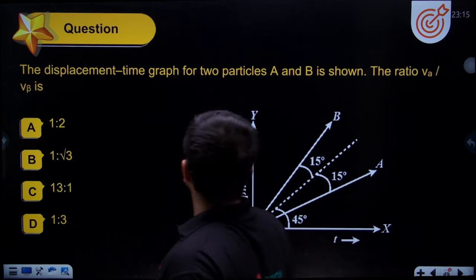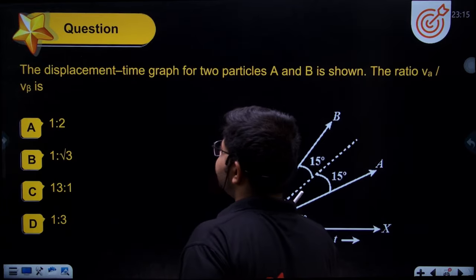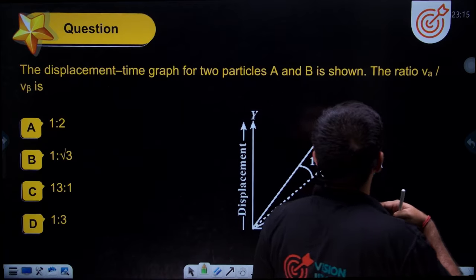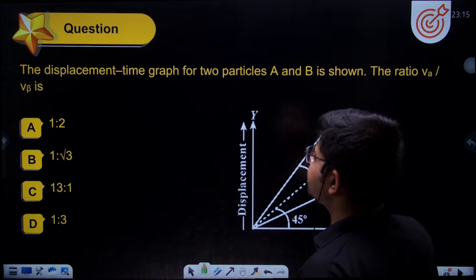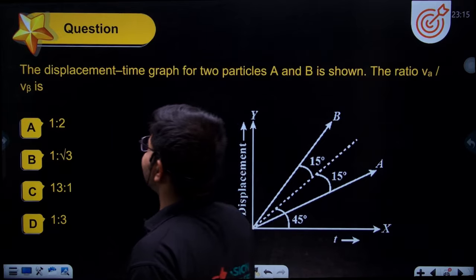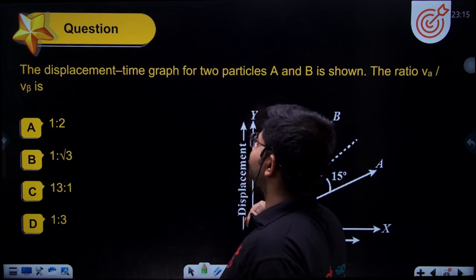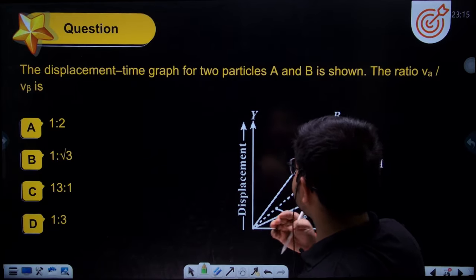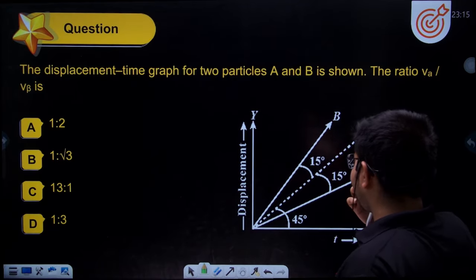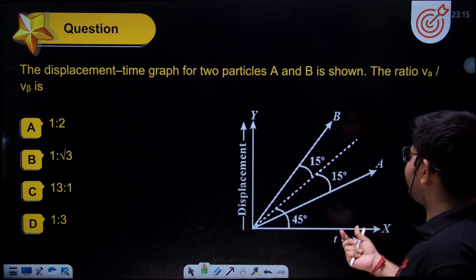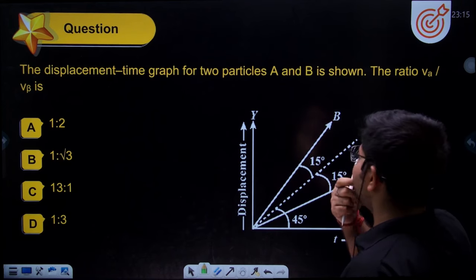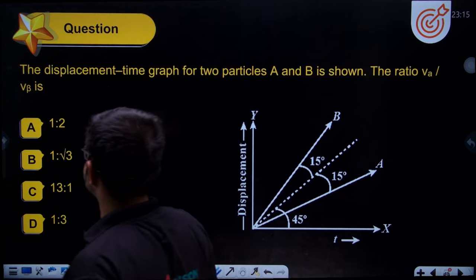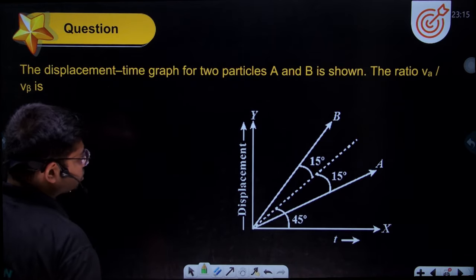Okay. Now you see the displacement time graph of two particles A and B is shown. Along the y-axis we have the displacement, and along the x-axis we have the time. Now the ratio VA by VB is, so what is going to be the ratio?